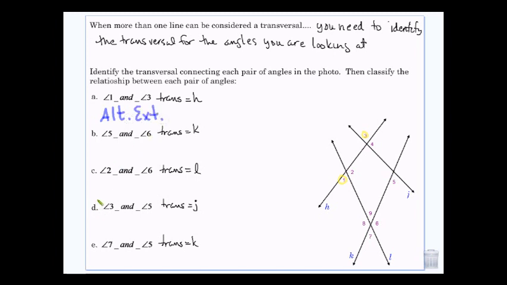And you can abbreviate if you want to. If we look at 5 and 6 again, they're inside on the same side, so consecutive.